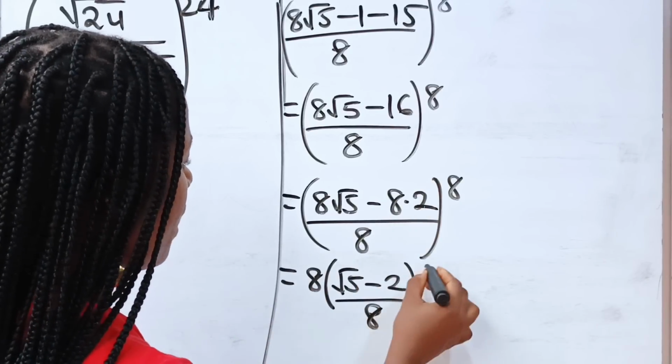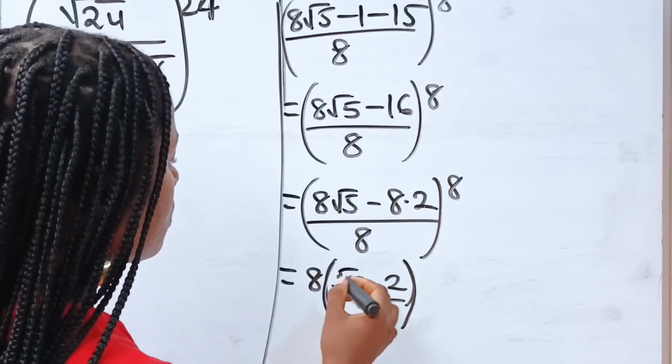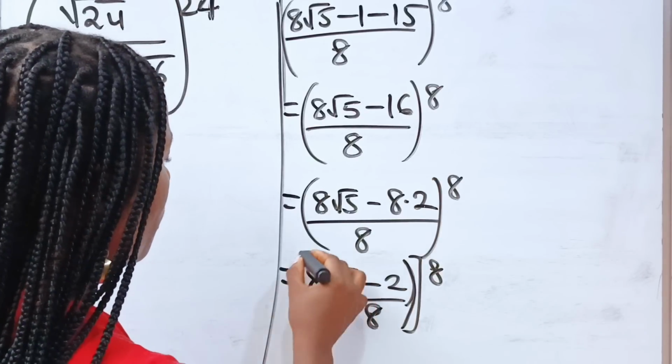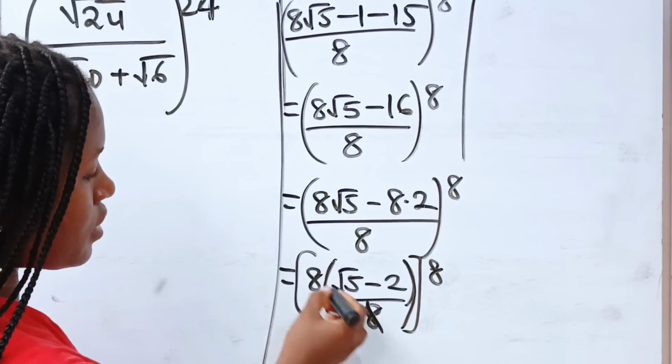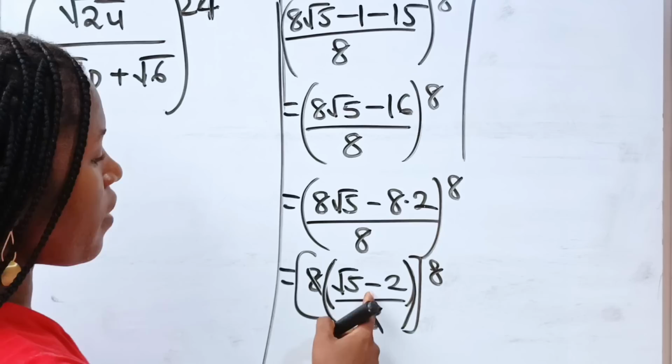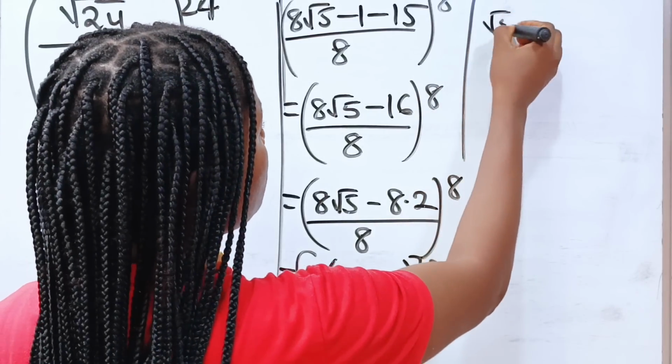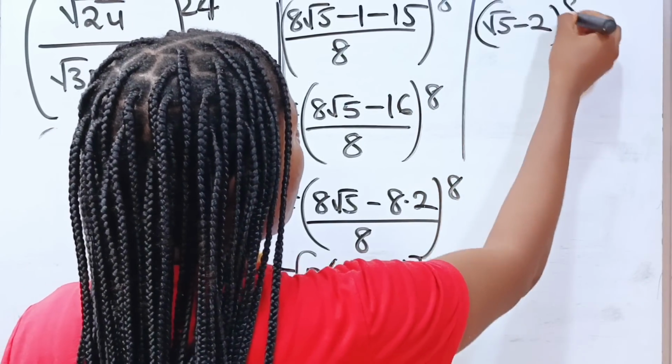Now divided by 8, everything to the power of 8, okay? All right, so we continue. We can see that 8 will divide itself, and we have root 5 minus 2, right? So we have root 5 minus 2 raised to the power of 8.